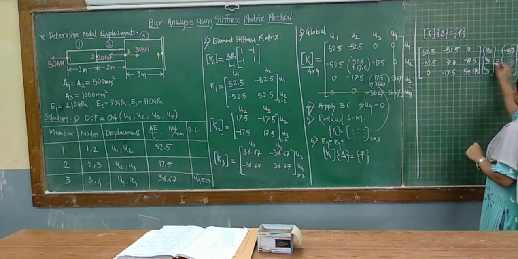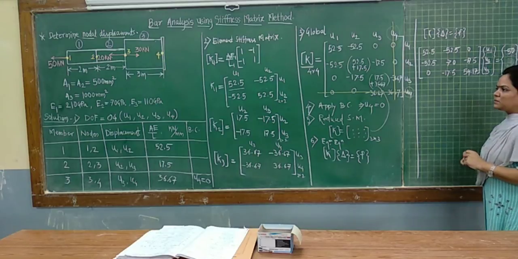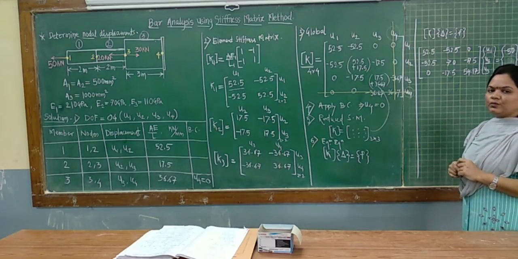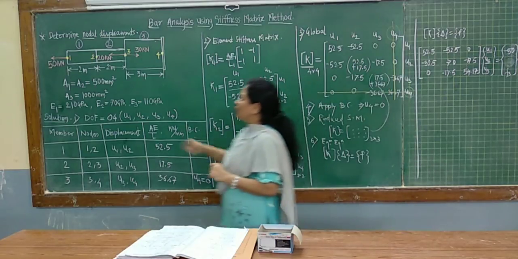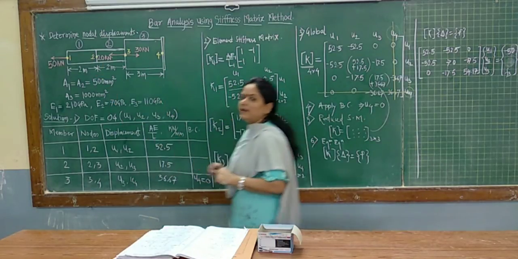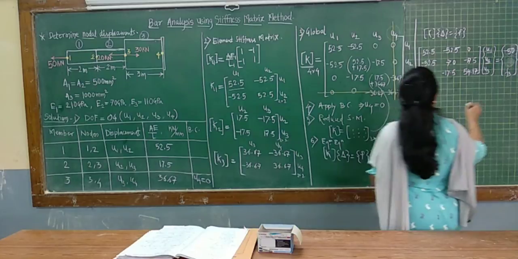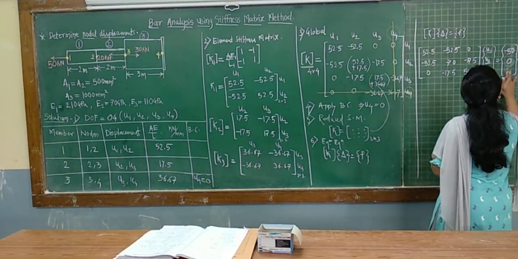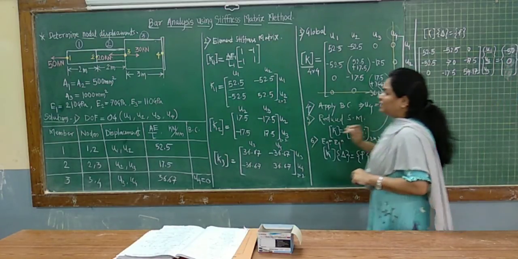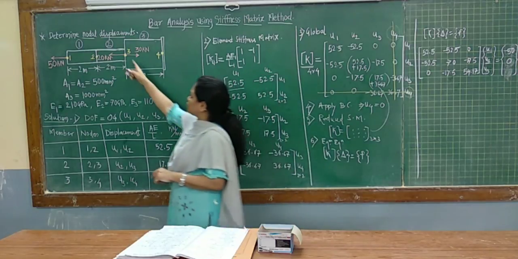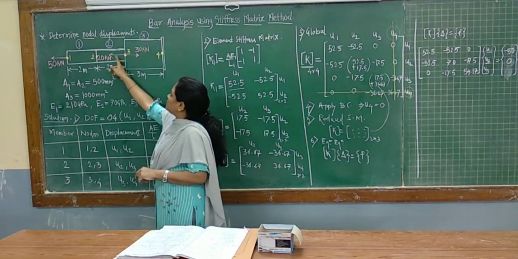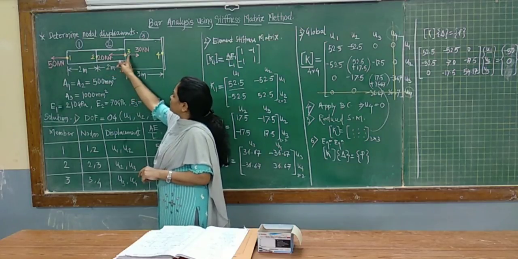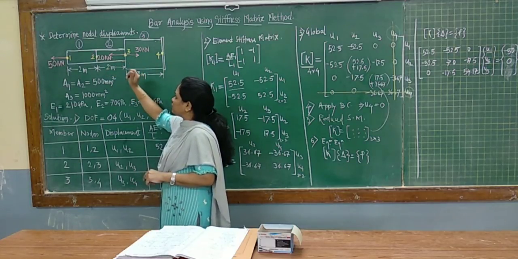Now F2 is associated with the second displacement at node 2. At node 2 there is no force, so you write 0 here. The last one is the nodal force at node 3. At node 3 there is 20 kN in the left direction and 30 kN in the right direction, so take the algebraic sum.